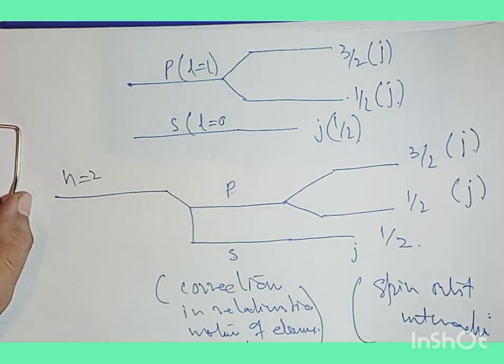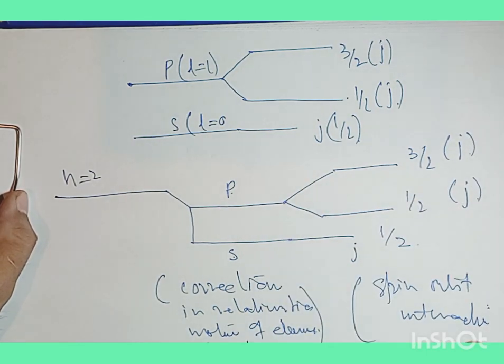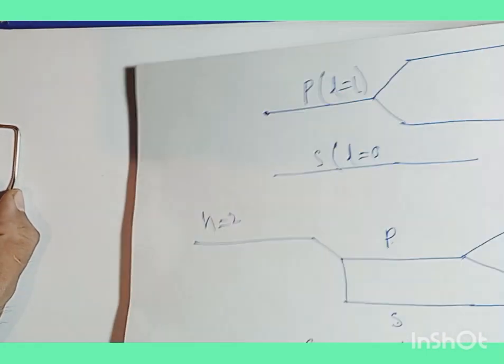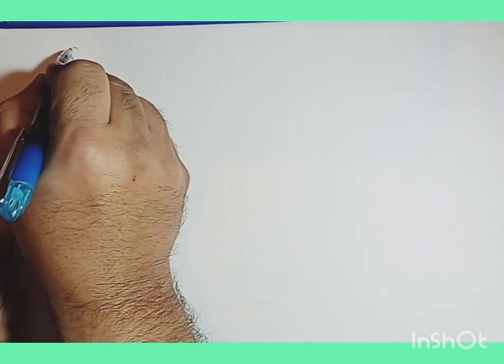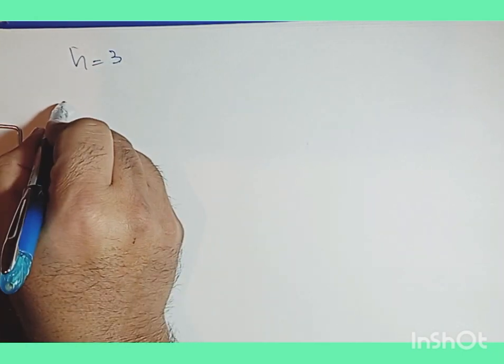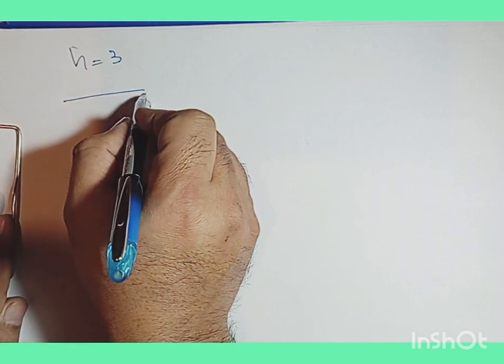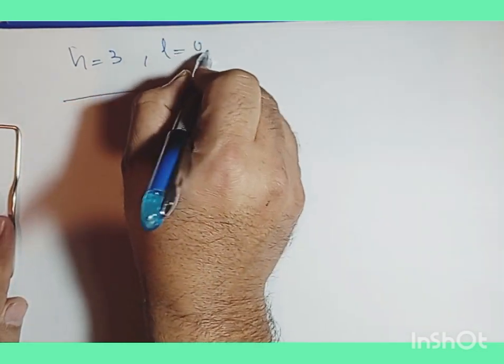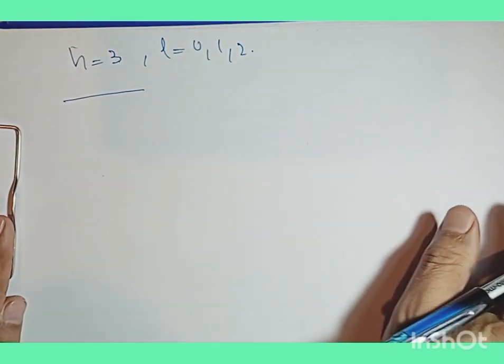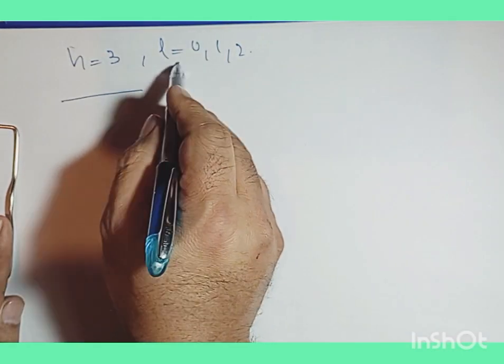Now let us try to do the same analysis for n is equal to 3 state. Taking n is equal to 3, here I will have L equal to 0, 1, and 2 states. Okay, so L cannot be more.